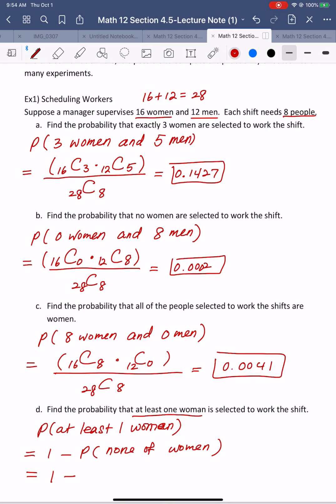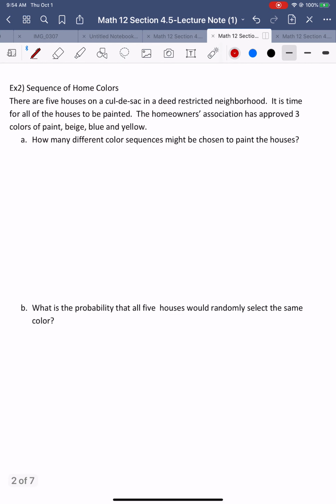Well, we already have the probability for none of the women, right here. So this is what you need to use. So it's going to be 1 minus 0.0002, and then you got 0.9998. That's the probability. All right, next one.